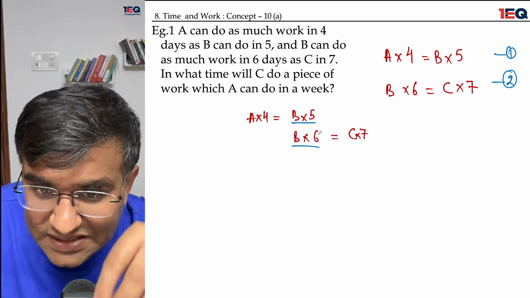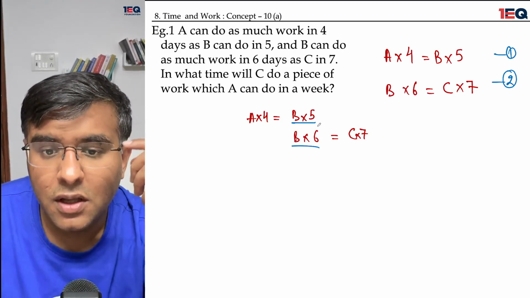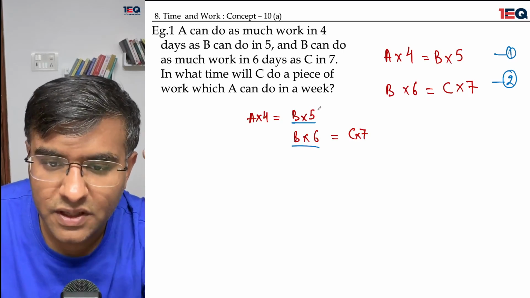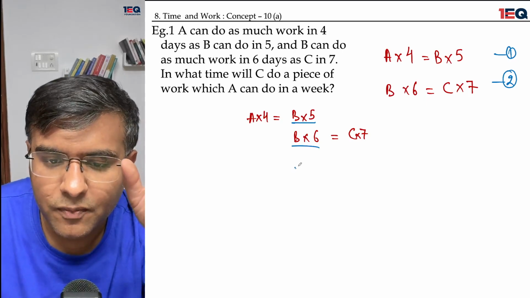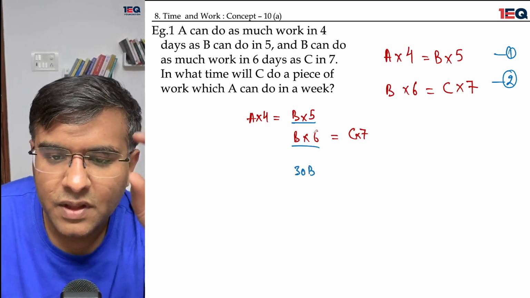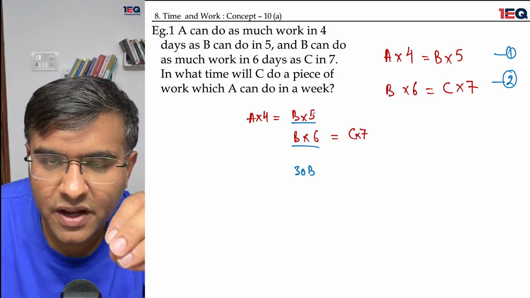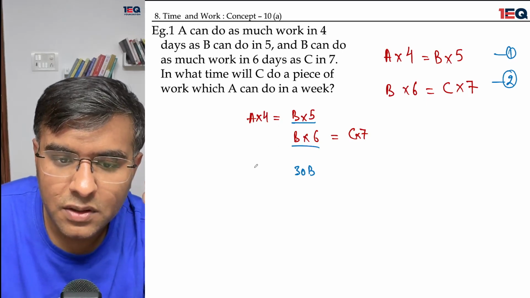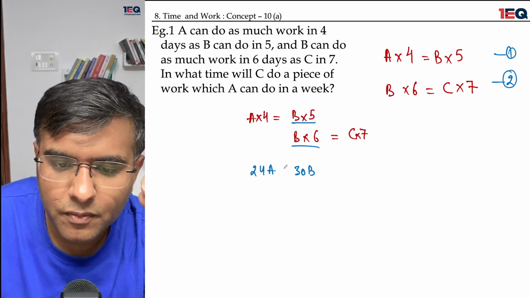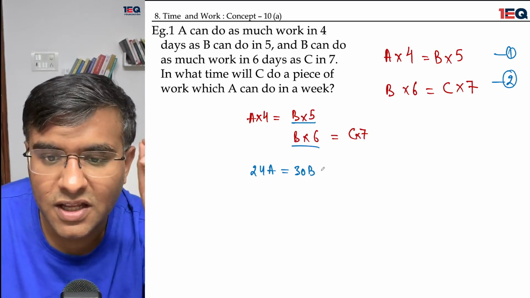If I multiply 6 with 5, I would get 30 times b. Now if 6 is multiplied by 5, because of the equality principle, 6 would also be multiplied by 4. This would give me 24a. So 24a is equal to 30b.